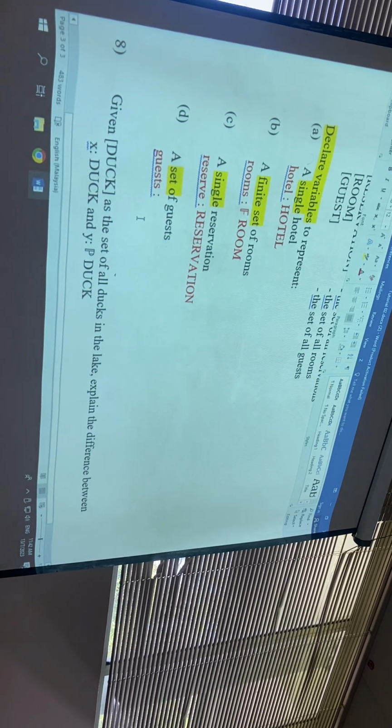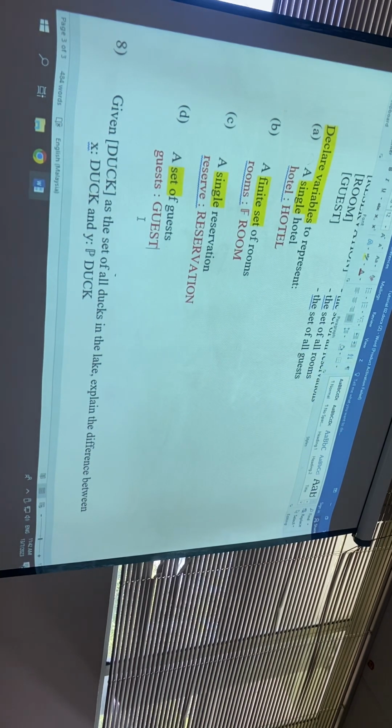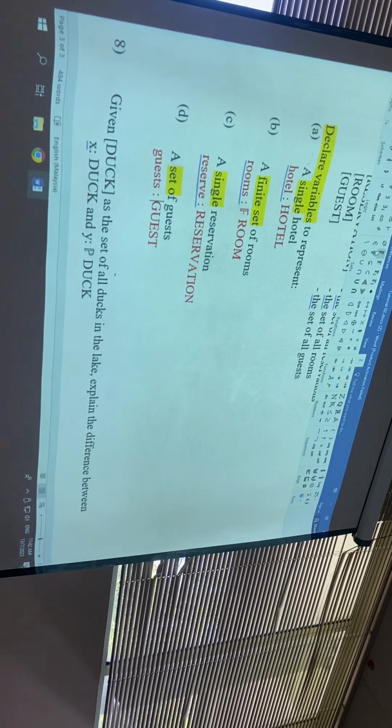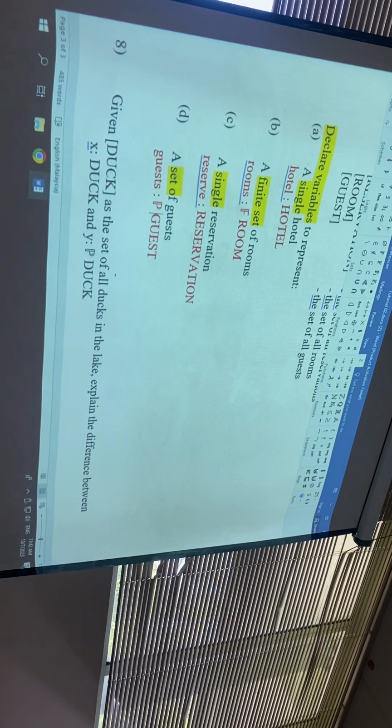Then is it guest like this? When it is a set of guests, you have to put the power set symbol. This is to show that you are going to have either empty data or one data or many data of guests. This is what we call a set of guests.